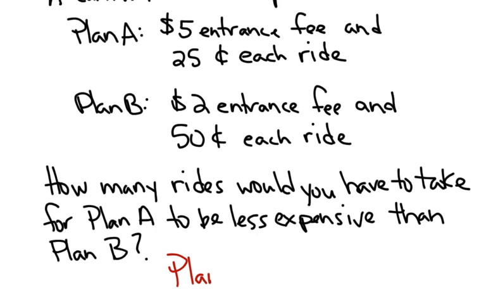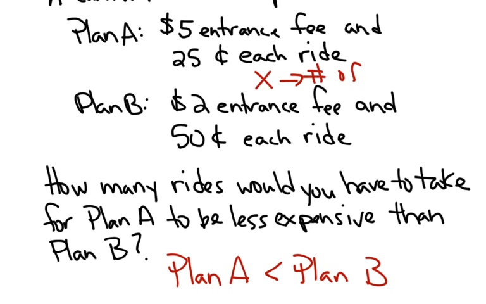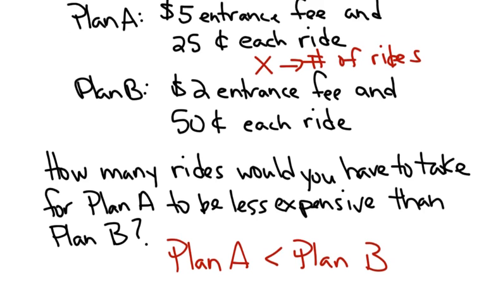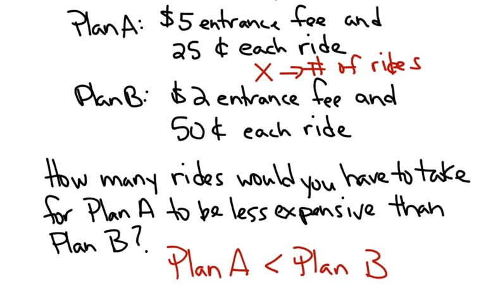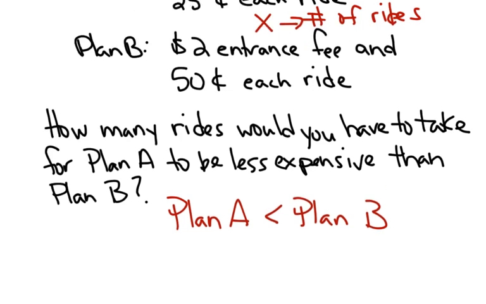How many rides would you have to take for Plan A to be less expensive than Plan B? So we want Plan A to be less than Plan B. Now we've got to go back and write algebraic expressions for each of those plans. Let's use x to represent the number of rides. So Plan A is going to be $5 plus 25 cents a ride.